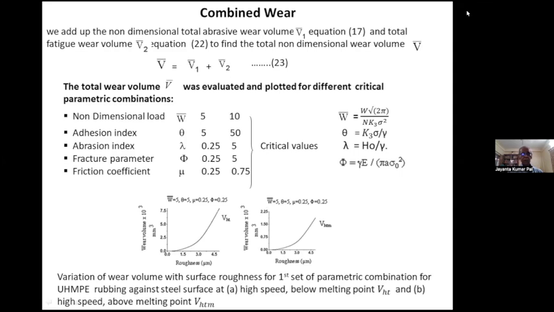It's probably not zero, but if the roughness is zero, it will be zero. But those are hypothetical cases. Low roughness, wear is small. And as the roughness increases, the total wear shoots up steeply. That is very much expected because although fatigue wear will be very small, the abrasive wear will dominate and the total wear will increase.